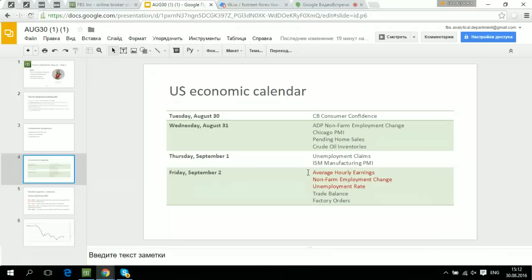And actually, my baseline scenario for this week is that US dollar will get stronger versus the major currencies, but they won't see big moves in the market until Friday and until a release of this non-farm payrolls report.